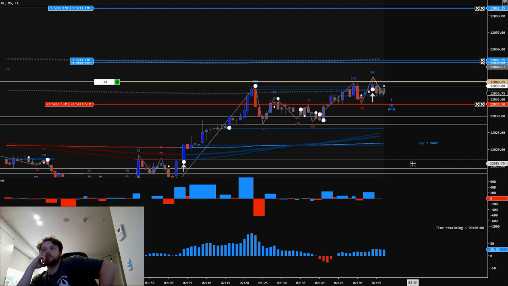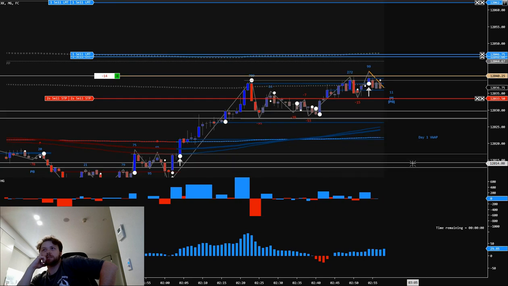So we're just stalling a little bit more. I'm not too worried about that. Low volume selling candle. Still in this race. We've got to see another one of these candles right here, breaking this level.